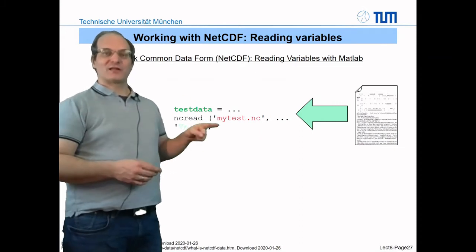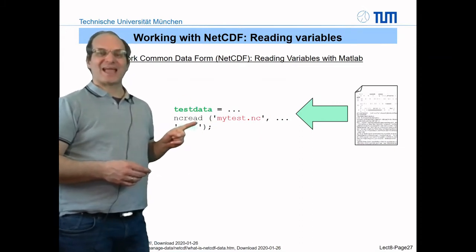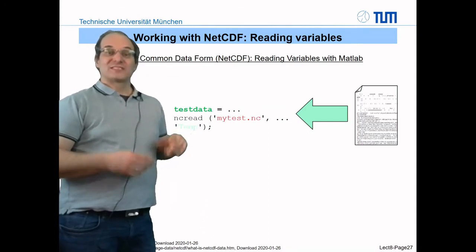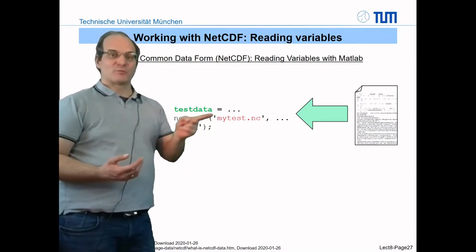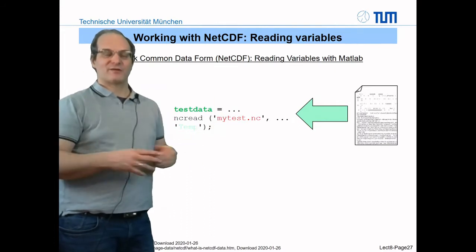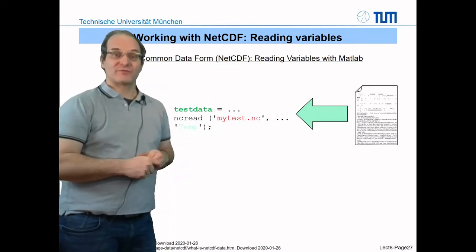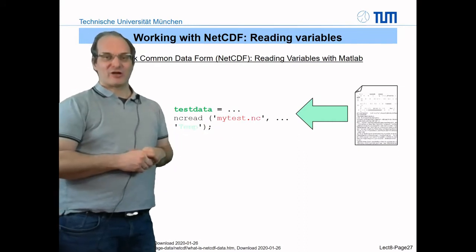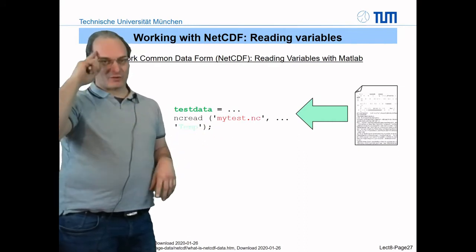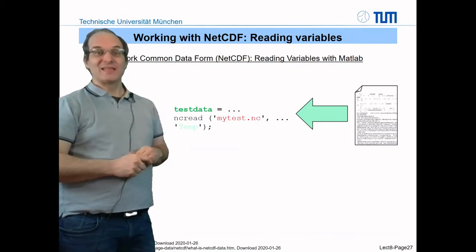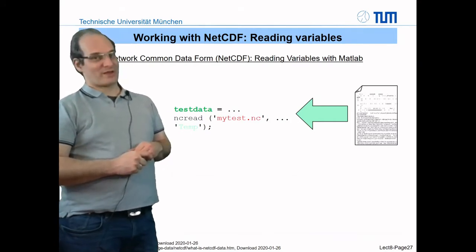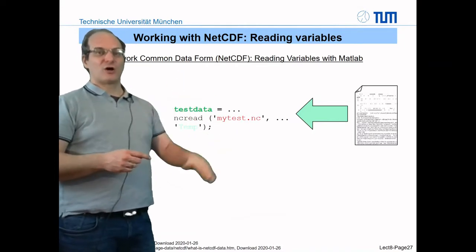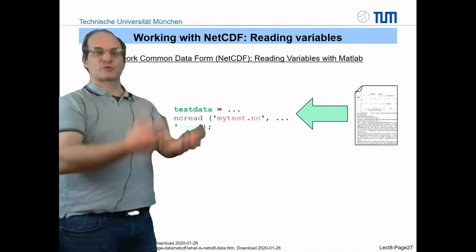This one single function is called ncread, and ncread uses the file name, of course. It can also be a path, a whole path to the location of the file, and then we use the variable name. Therefore you have to know which variable is in this file, or you use a special method, which you will see later on, to get the whole description of the content.